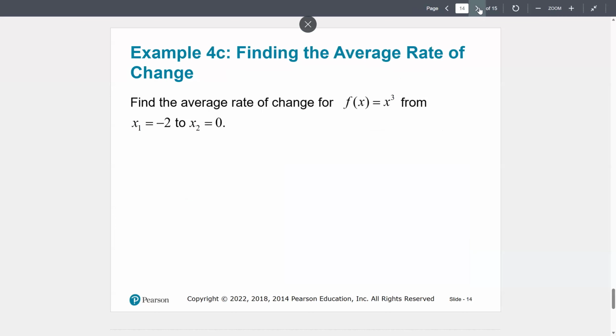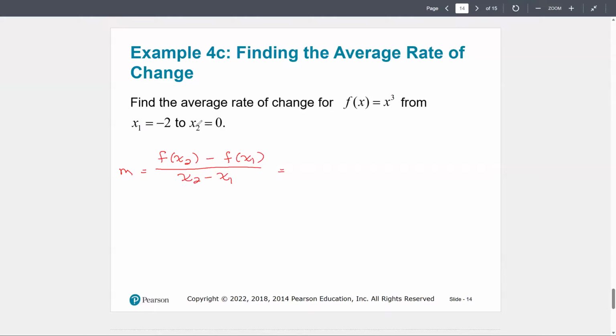So we want to find the average rate of change for f(x) equals x cubed from x1 is -2 and x2 is 0. So my slope, remember, is f(x2) minus f(x1). Sorry, that cube there threw me off and I put things in a superscript. I need a subscript for x2 minus x1.